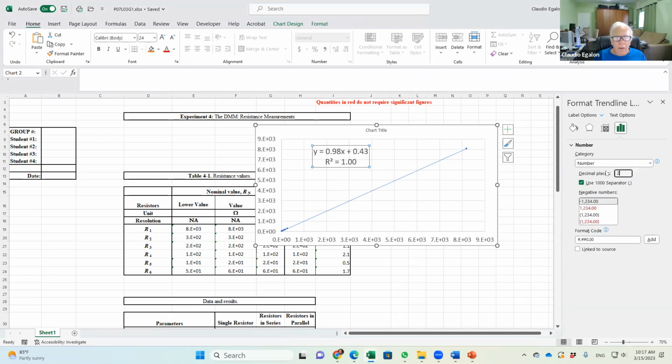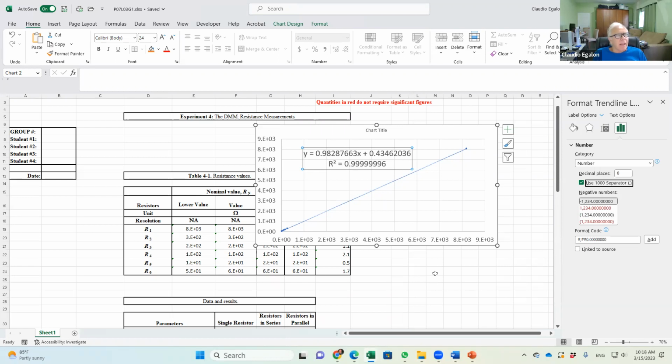I have to put more decimal places there. 5, 8, 1, 3. Yeah, okay. That number is so close to 1 that I have to put all those decimal places for the R squared. See that? If I put only 7 decimal places, it becomes 1, right?